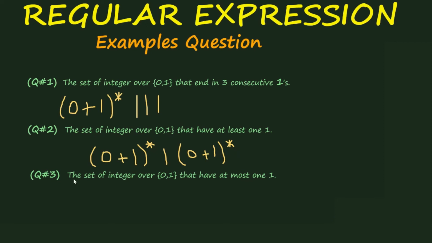Let's go for question number 3. The set of integers over 0 1 that have at most one 1. At most one 1 means 1 comes once, not 2 times, not 3 times, only 1 time. 0 comes many times before 1, and apply Kleene closure here.